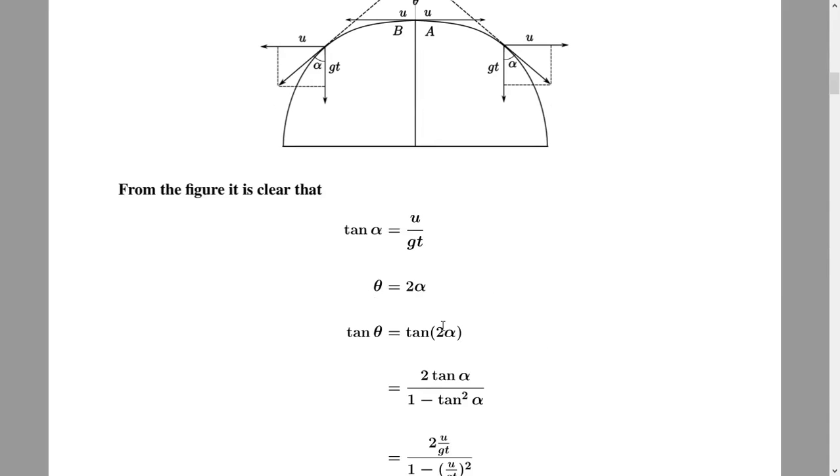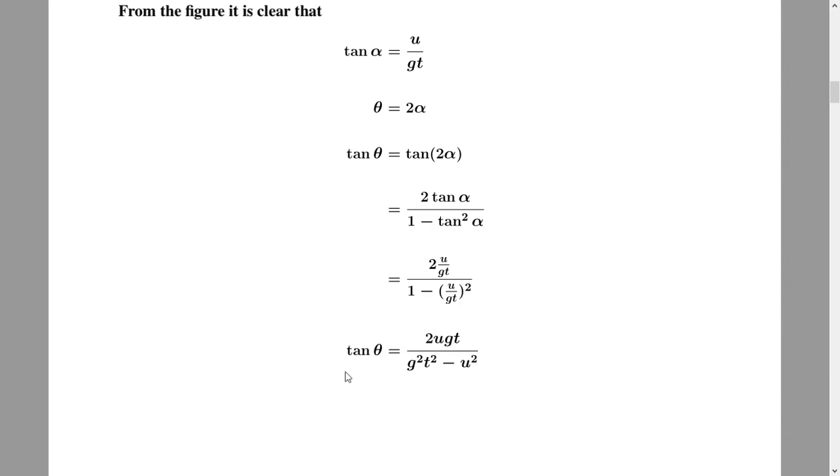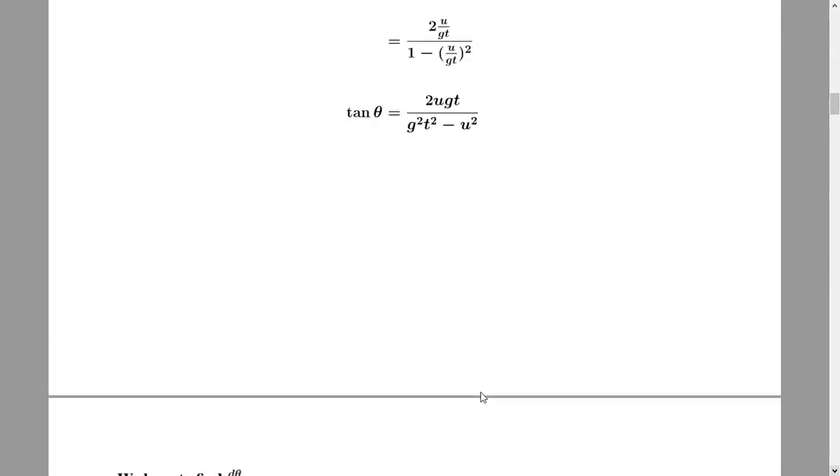So tan theta would be tan 2 alpha, and using the formula for tan 2 alpha, and by substituting tan alpha equals u by gt, we get tan theta equals 2u gt by g square t square minus u square. From here, using this equation, we need to find out d theta by dt.